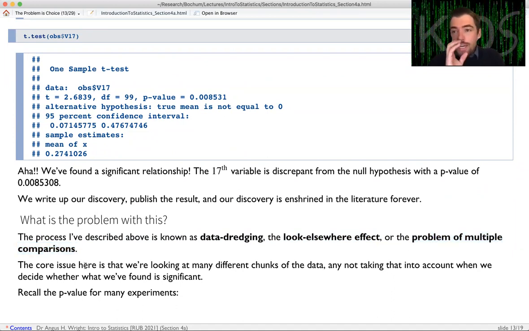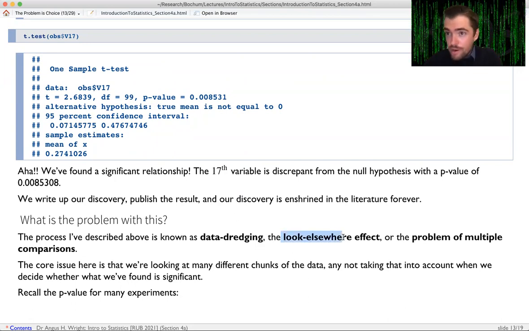The core issue here is that the threshold that we calculated, the p of less than 0.05, is designed for comparing one set of observations with the hypothesis, in this case, the null hypothesis. And it doesn't take into account the fact that we looked at one variable and found nothing, and then went, well, instead I'm going to look elsewhere. I'm going to look at a different variable, and I move over and I check over here.